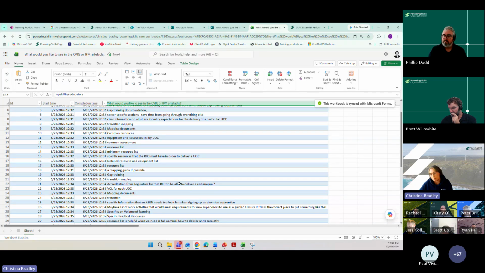Resource and equipment lists are really important to help you with your training and assessment strategies. We know that volume of learning, while we can't mandate that type of thing, can help you when you're looking at delivery sequence or recommended delivery sequence pathways.